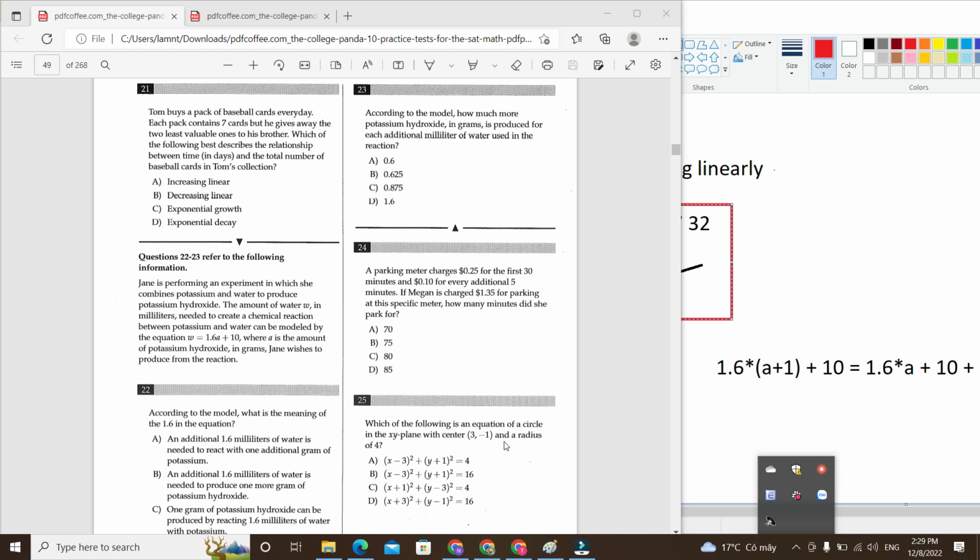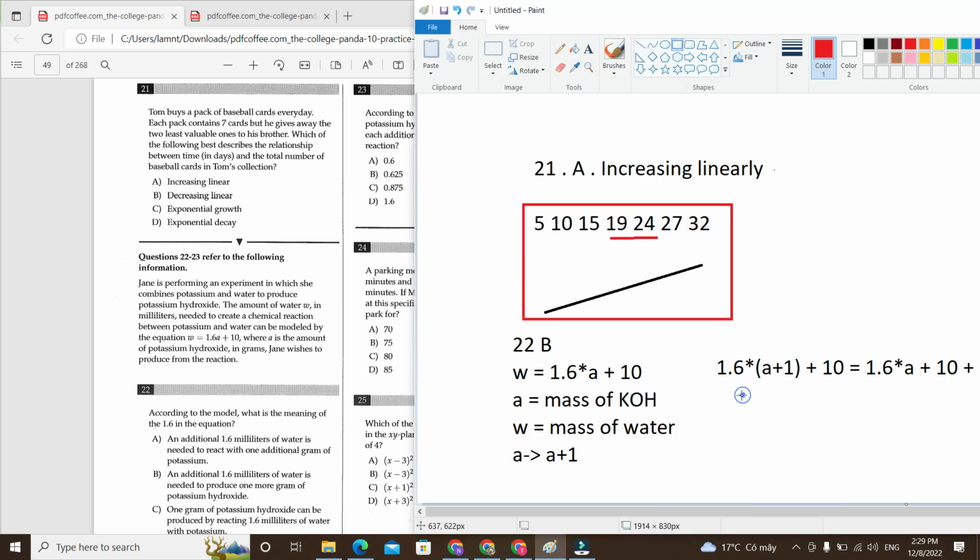The amount of water W in milliliters needed to create a chemical reaction can be modeled by W equals 1.6A plus 10. A is the amount of potassium in grams James wishes to produce. So water is a function of potassium. W is equal to 1.6A plus 10.